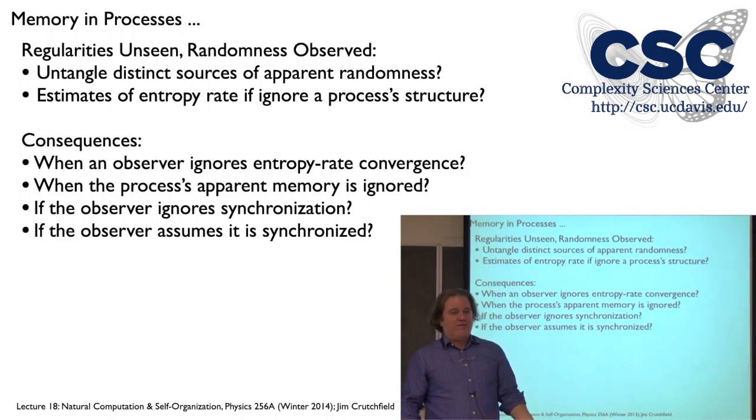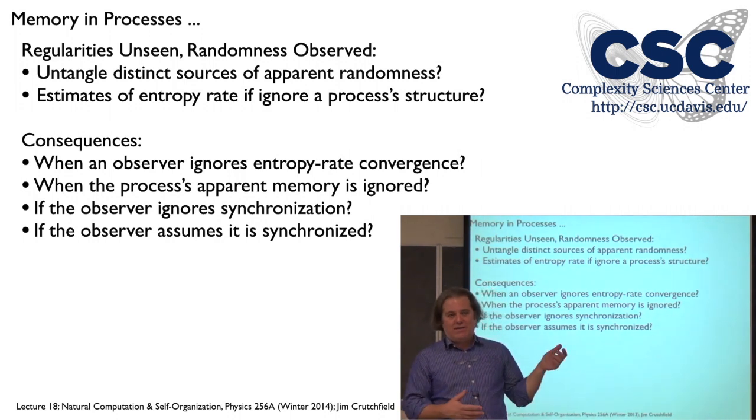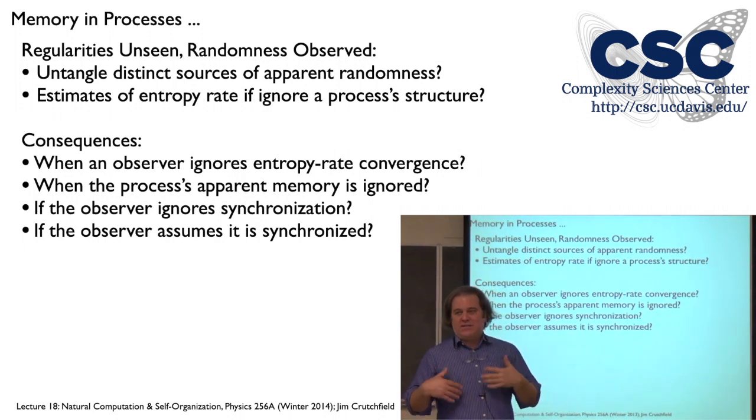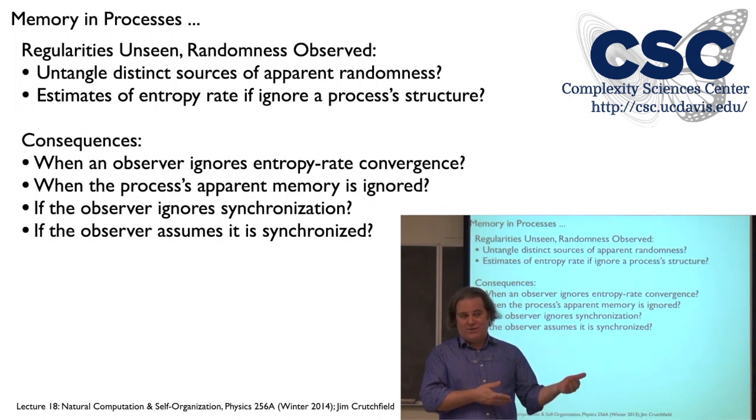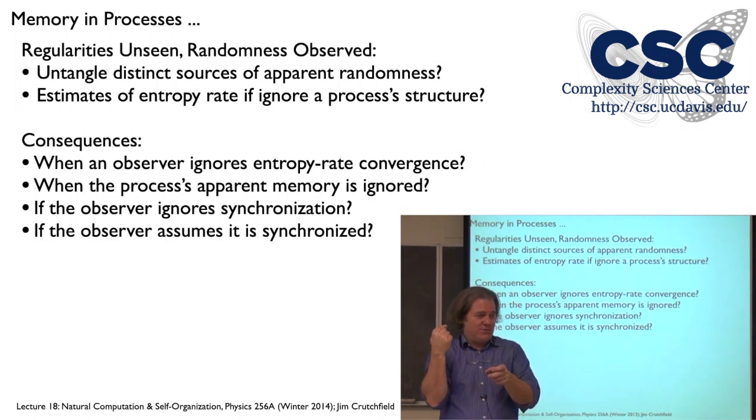If I'm not aware of something like the excess entropy, or something like T, and I go off and try to calculate the entropy rate, I'll be using statistics that don't take this general behavior into account, and there's some consequence for how it messes up the estimate of even how random a process is. So the general lesson here is, even if I focus on how random a process is, I have to keep track of how structured the source is. And we now have a couple of properties that indicate different kinds of structure, synchronization, and so on.